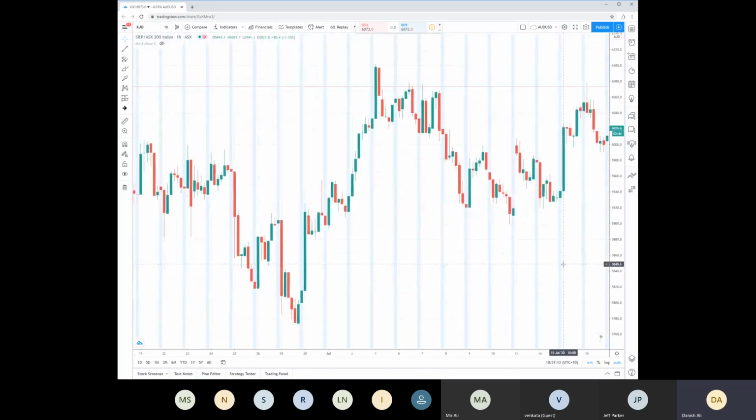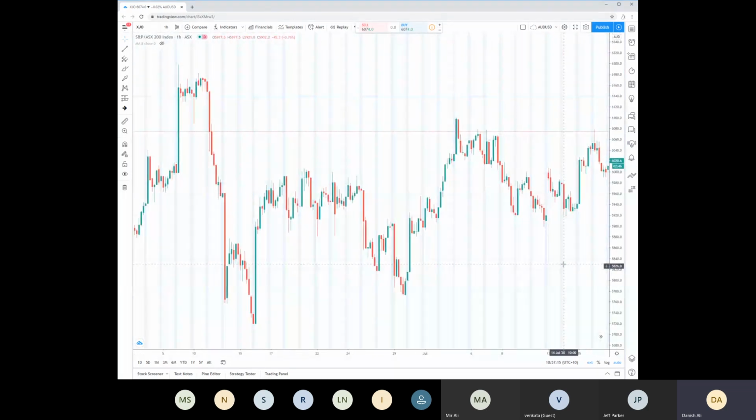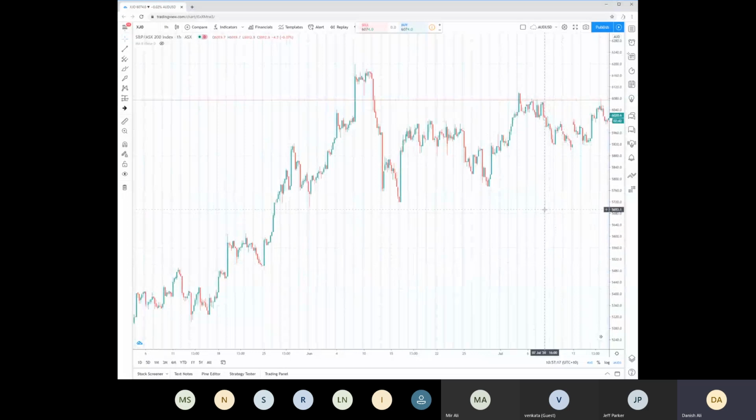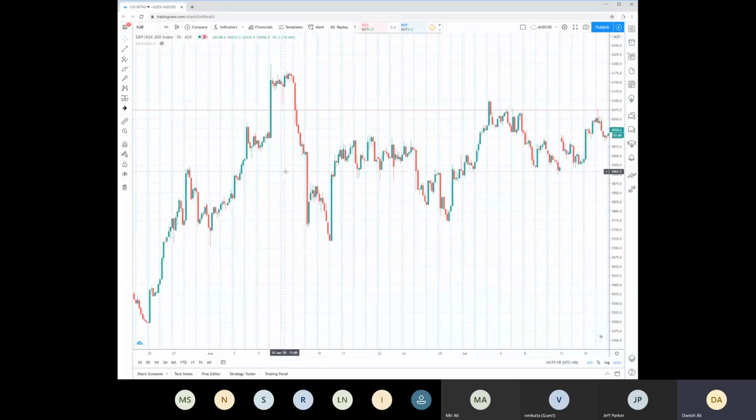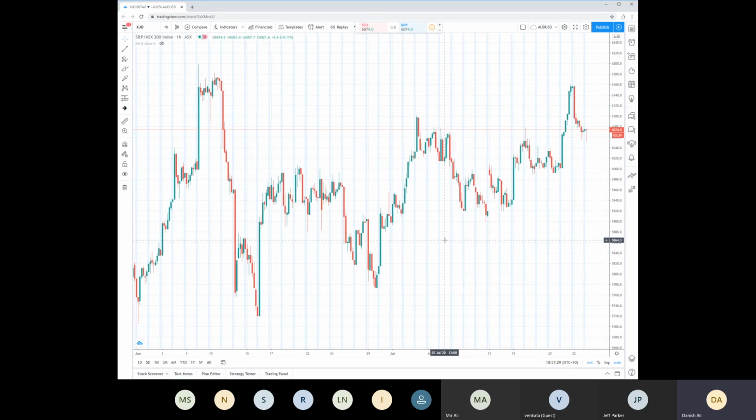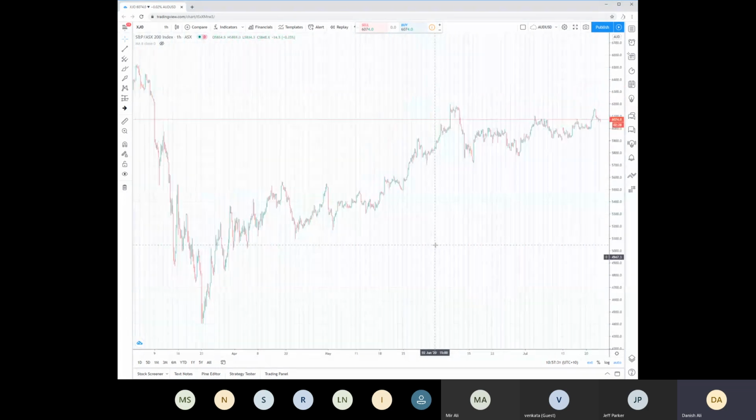Once I had learned, there are only two things in the market. When you look at the screen, you will know it. The red means fear, the green means greed. So the more greed you see, the more fearful you should get, and vice versa.